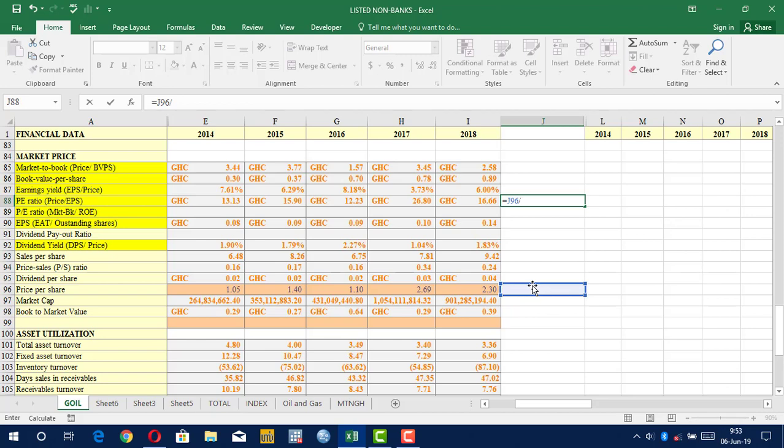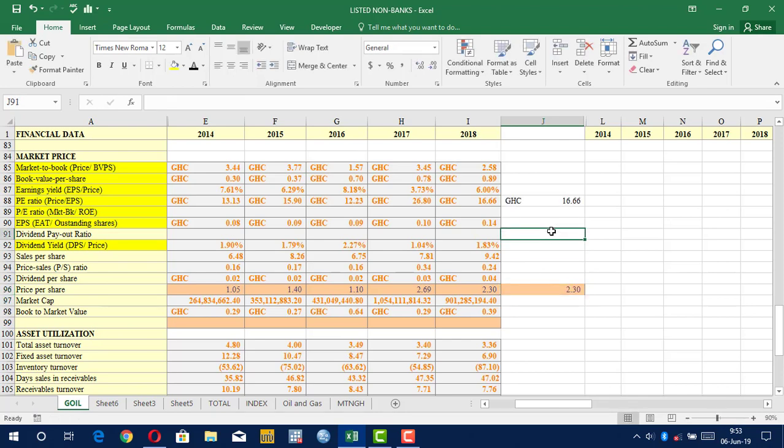So earnings per share, we are using the previous year's earnings per share, 14. So in here we have 2.3. Okay, so we can see that it is still trading at 16 cedis, 66 pesos. That is its PE ratio for 2019 half year. Okay, that is June.